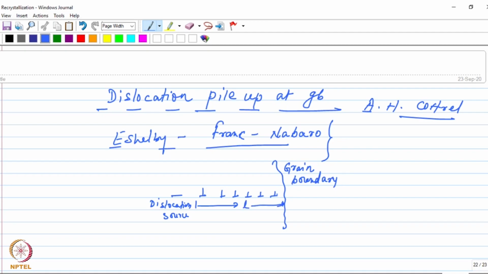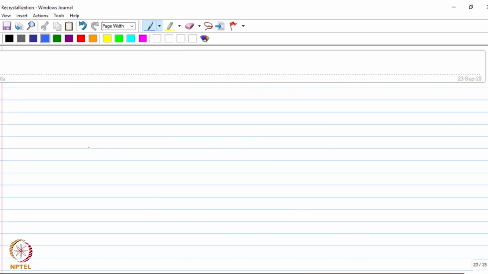Here is the grain boundary, and dislocations have piled up at the grain boundary, and L is the pile-up length. So let's say there are n dislocations in the pile-up. And n can be given as follows.